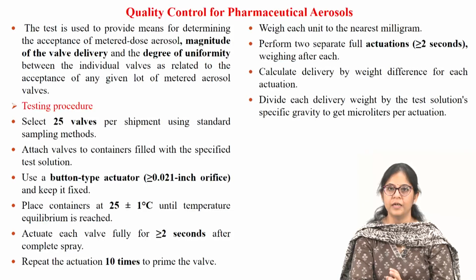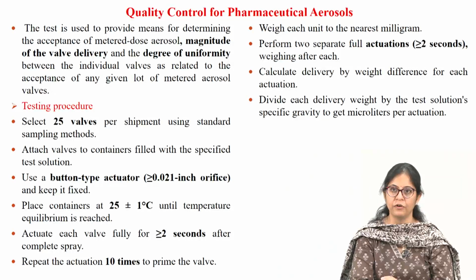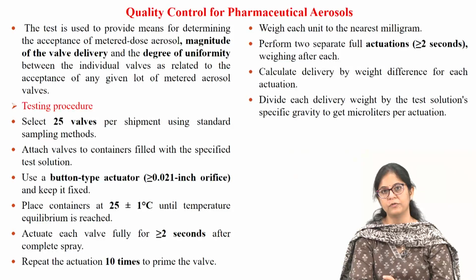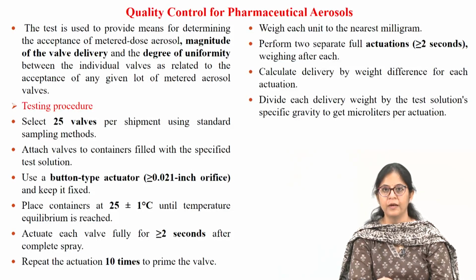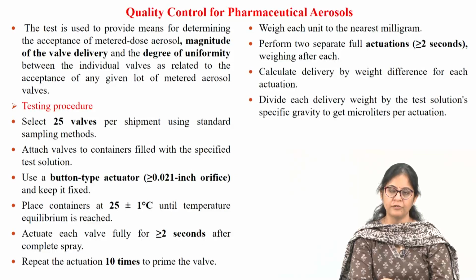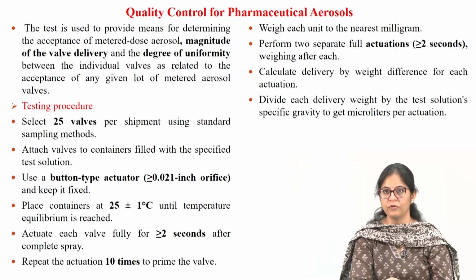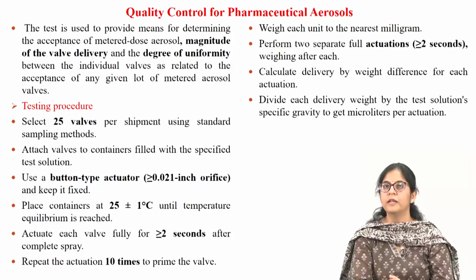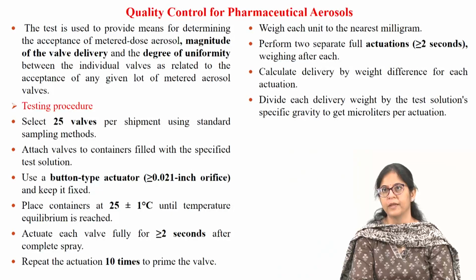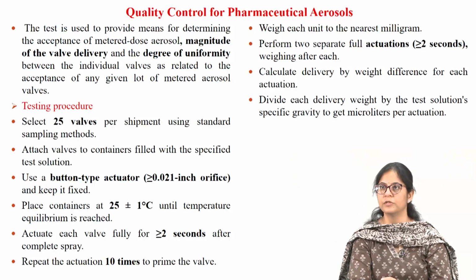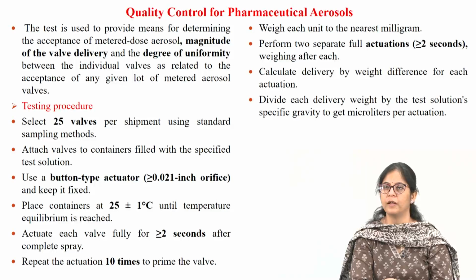Then each valve is actuated fully for greater than or equal to 2 seconds after complete spray. The actuation is repeated 10 times to prime the valve. Each unit is weighed to its nearest milligram. 2 separate full actuations of 2 seconds or more are performed and weighed after each actuation.